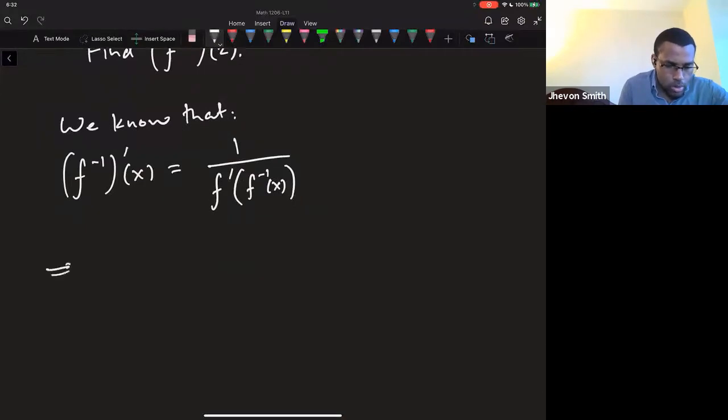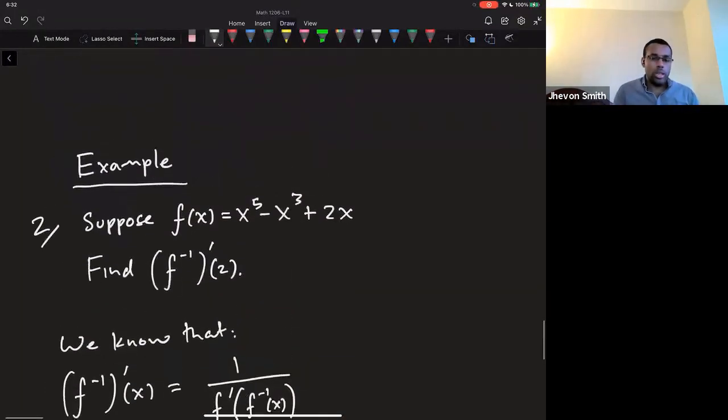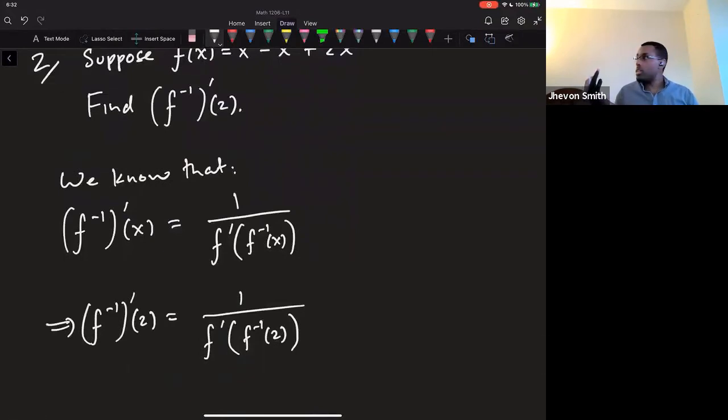And so that would mean the derivative of the inverse evaluated at 2 is going to be that. So now you need to find both of these. You need to find f prime, so you can plug f inverse of 2 into that formula. And you also need to find f inverse of 2.